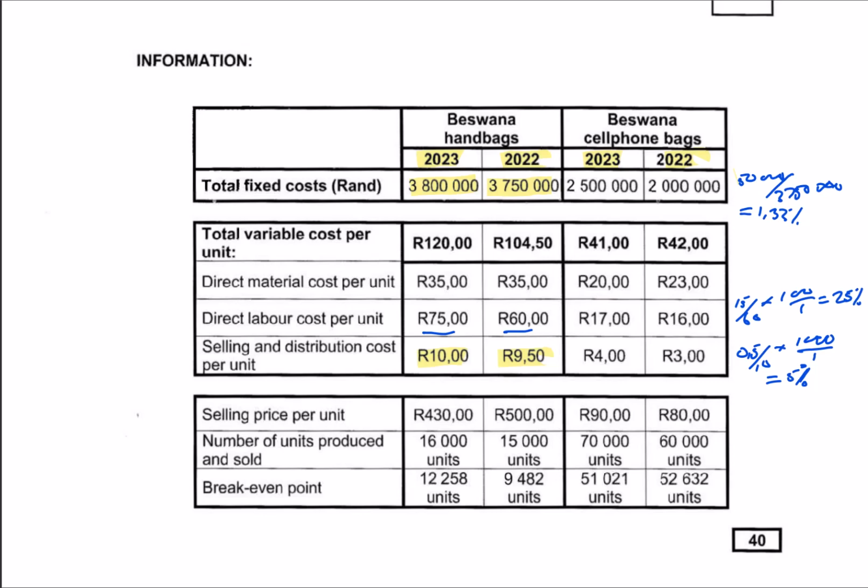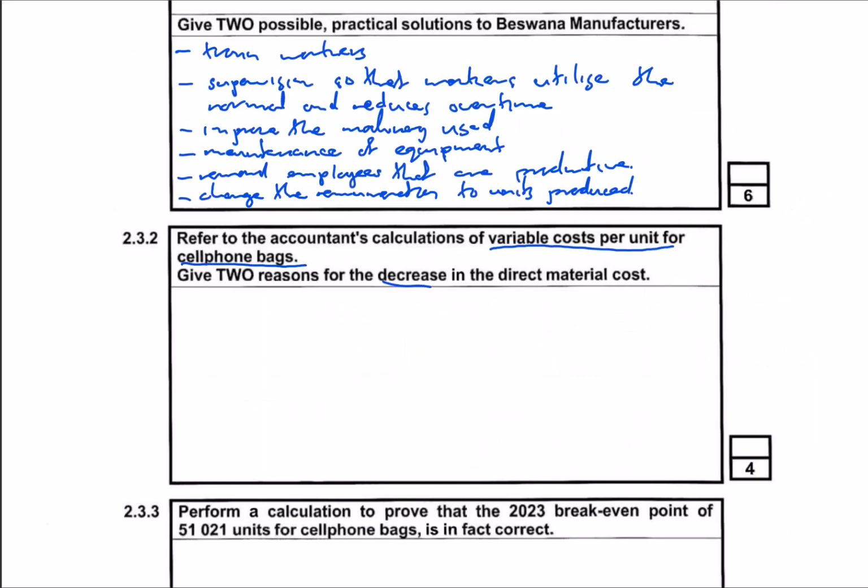That's direct material cost that decreased from 23 to 20. So they say give 2 reasons for the decrease in direct material cost.